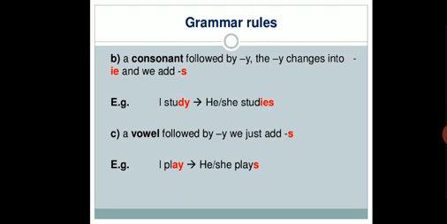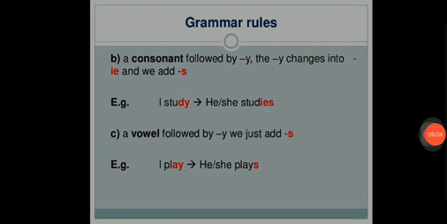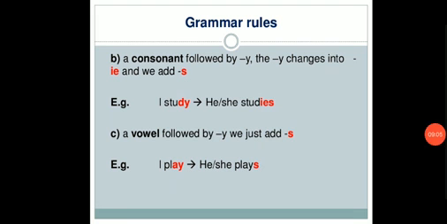So if we talk about negative sentences, we can write or speak like, I don't sleep early. You don't sleep early. We don't sleep early. They don't sleep early.